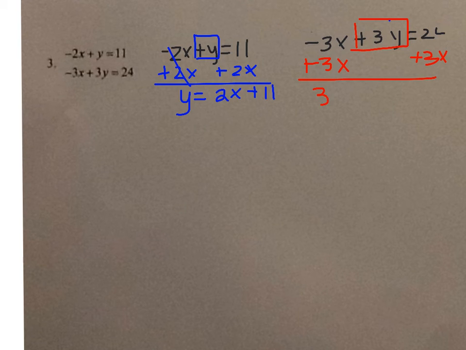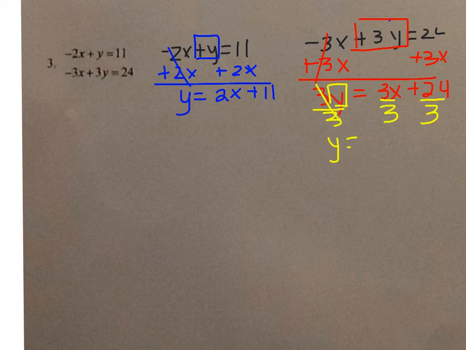So I have 3y equals, put the 3x in front of the 24, 3x plus 24. Now remember, I want to get the y by itself, so I have to divide now by 3. Make sure you divide everything by 3. So I get y equals, because the 3's reduce, that's 1x. Don't forget that's a 1 in front of the x, plus 8.